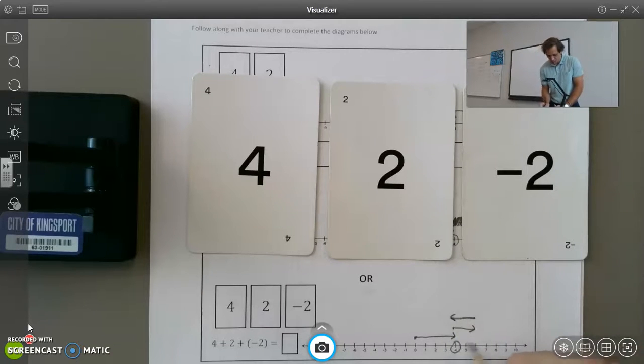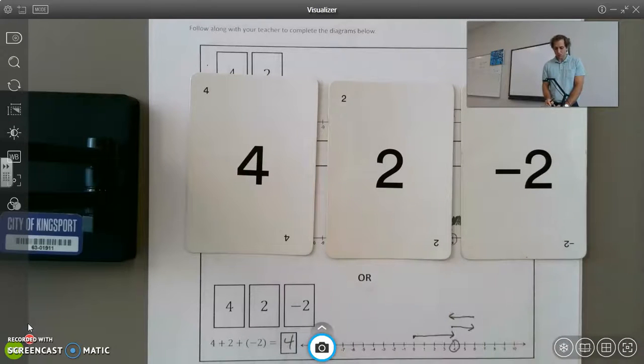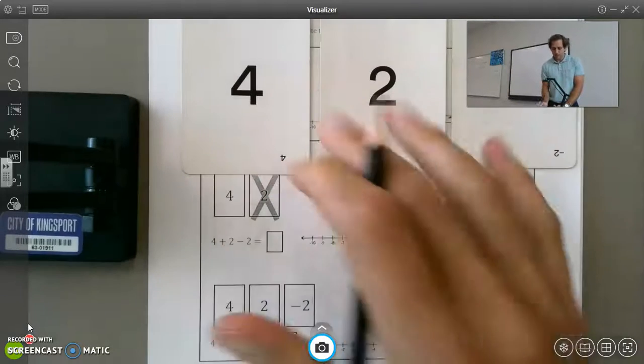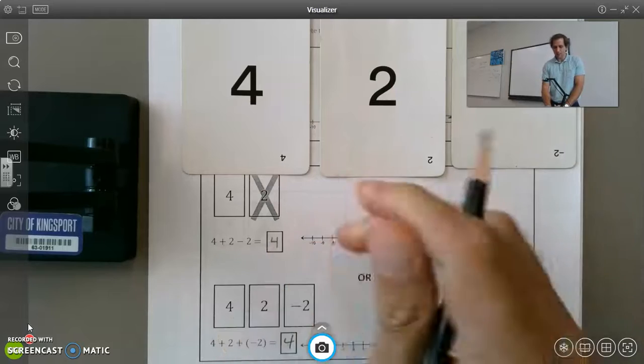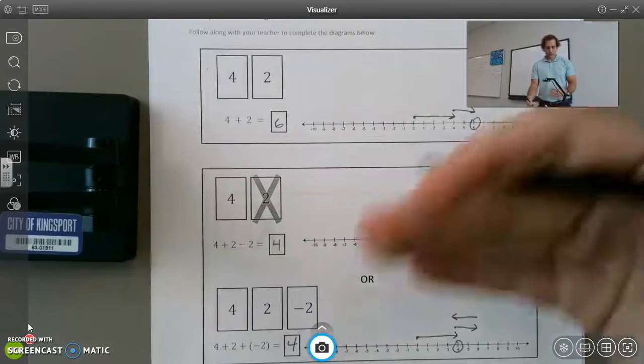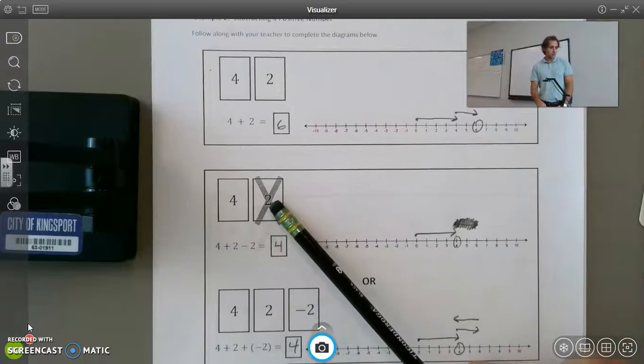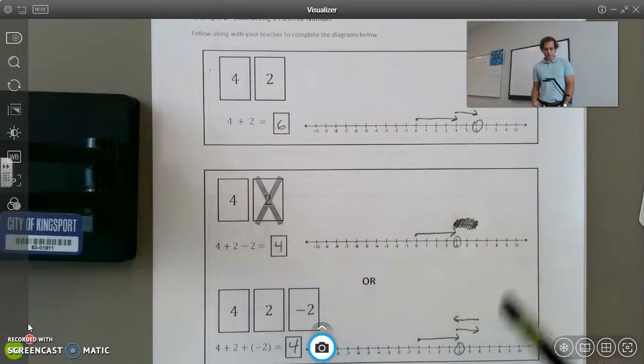And I'm at 4. So I get 4 this way as well. What I want us to see here is when I looked at these cards, if I took away the 2, I was left with 4. If I added a negative 2, I was also left with 4. So it was the same outcome either way.